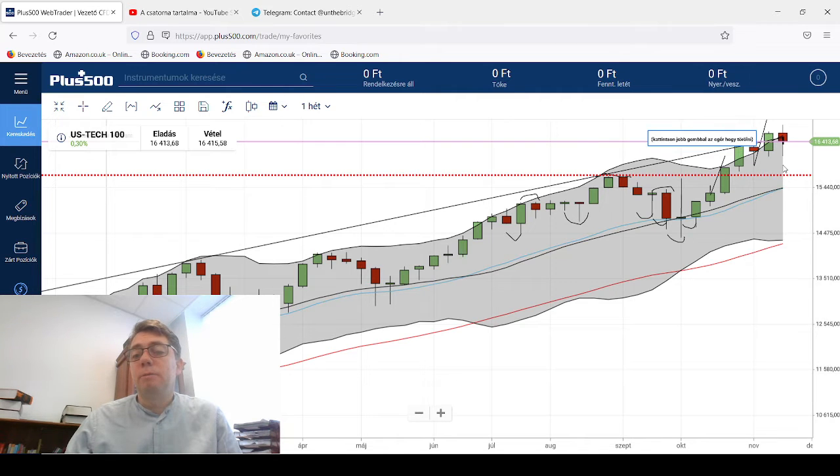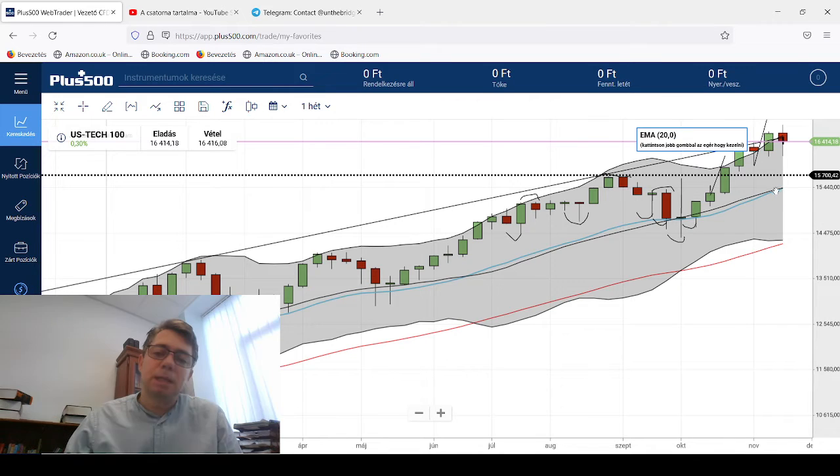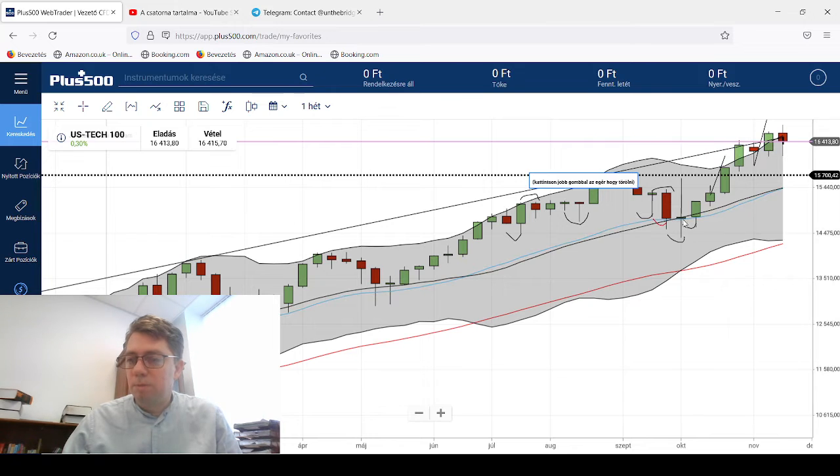And once we have in the future, sometime maybe next year, a weekly body close below this 20 EMA, then is the time where we need to prepare for the future, that probably Nasdaq is going to go to the 50 EMA on the weekly chart.